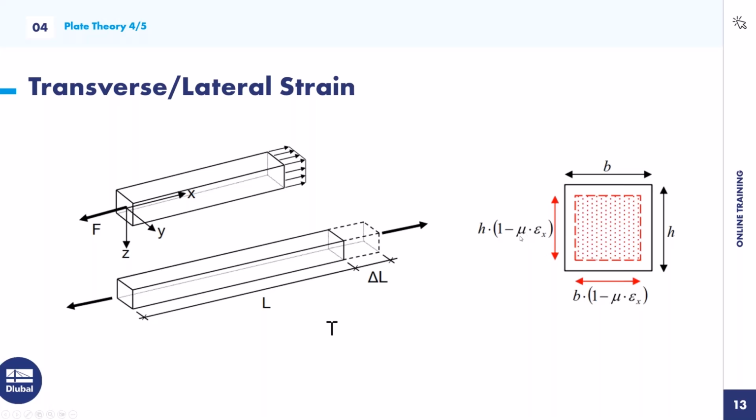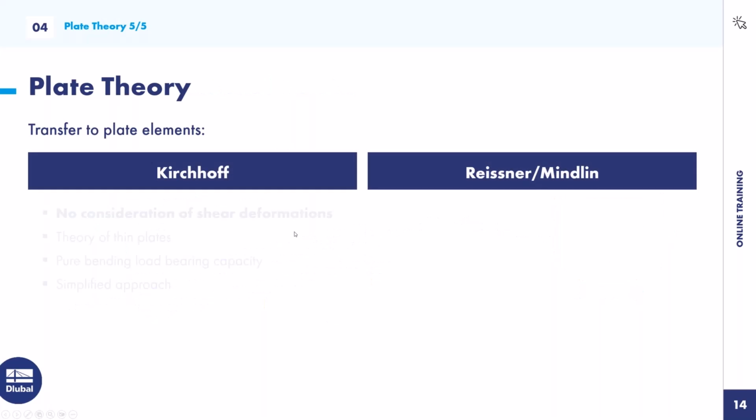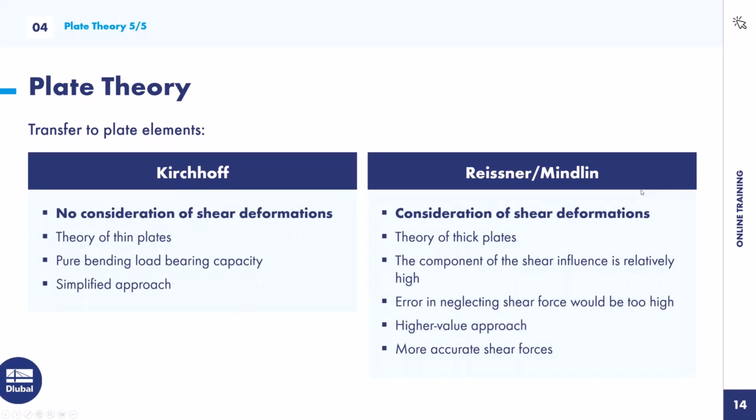That's about the Poisson's ratio. Poisson's ratio is just the ratio of the transversal strain compared to the longitudinal strain. So when we apply this to our plate elements, again, we had no consideration of shear deformations for Kirchhoff, and we had consideration of the shear deformations for Reissner-Mindlin.